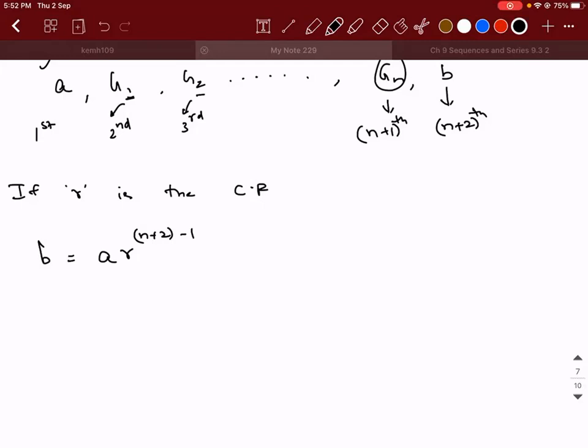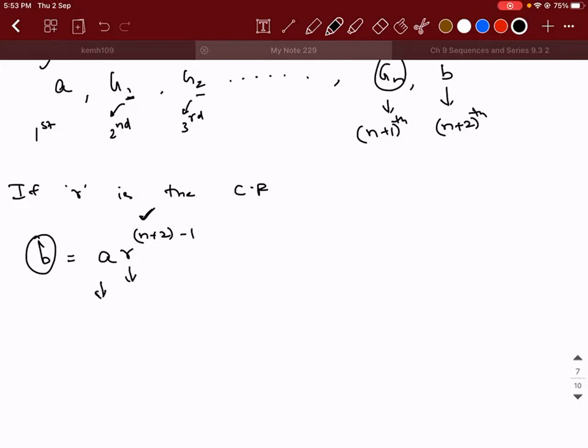Don't remember it like a formula, remember it like this. First term multiplied with R, and R should be raised to the power of the term number to which the left hand term belongs. So B is the n plus second term, minus 1 is in the formula. Does it make sense? Did you understand why I wrote that n plus 2 minus 1?